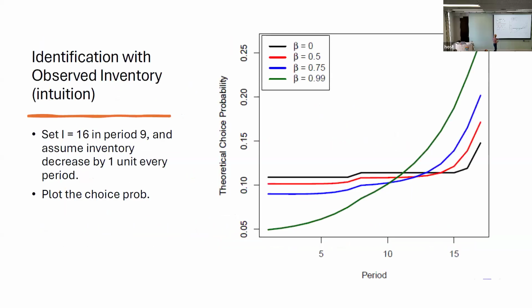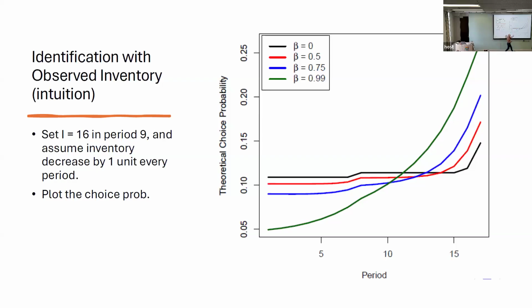Okay, so this is something I can illustrate in these pictures. Now this is a situation when someone has a very high discount factor, beta is close to 1. Imagine this is choice probabilities. You plot periods on the x-axis, and in this case there are 16 inventory units, and in each period people consume 1 unit.